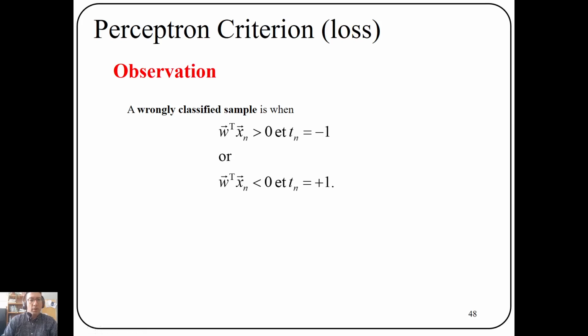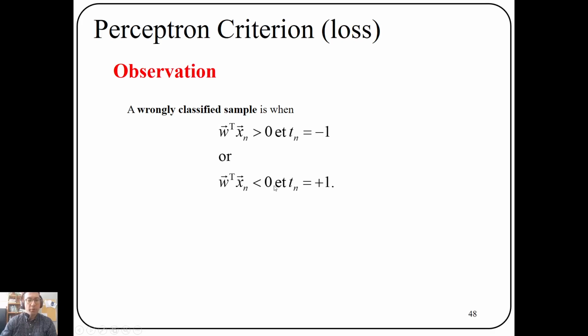Now the perceptron has a loss which is called the Perceptron Criterion, and the Perceptron Criterion comes from a very simple observation. A wrongly classified sample is one for which the score of the function, so the function is a dot product, would be, for example, positive, but the true target is negative, or the other way around.